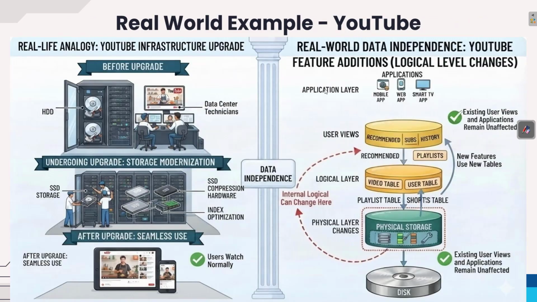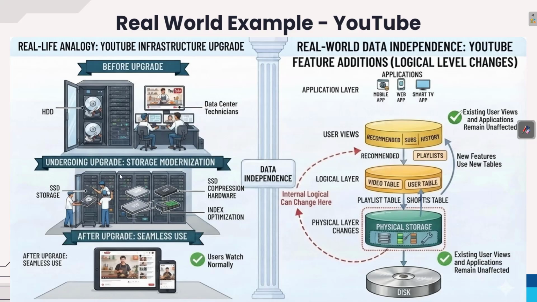Okay, here is a real world example, the YouTube example. For example, before the upgrade, it was using HDD drives in the data centers. It then underwent an upgrade and was replaced by SSD storage, and compression techniques and index optimizations were applied.